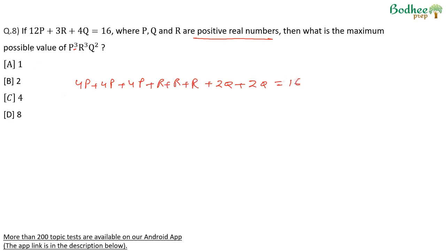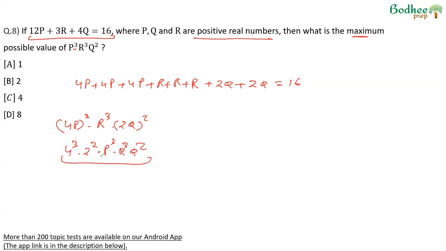This sum is 16. For a product to be maximum at a given sum, all the terms have to be equal. So the maximum product of (4p) cube into r cube into (2q) square will happen when all the terms are equal. Also, this is nothing but 4 cube into 2 square into p cube r cube q square.